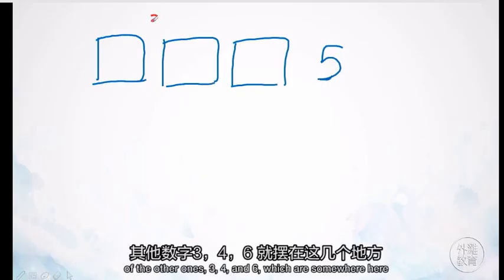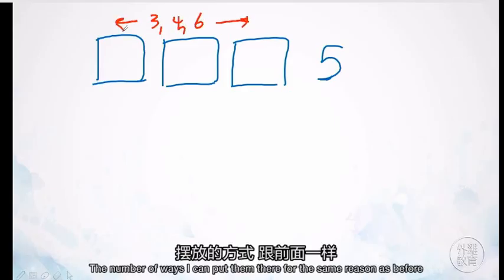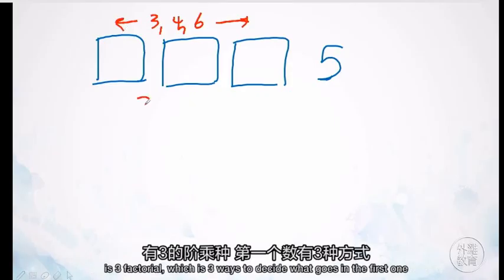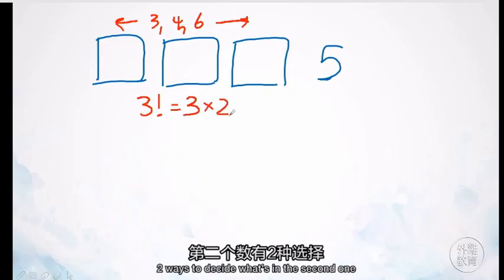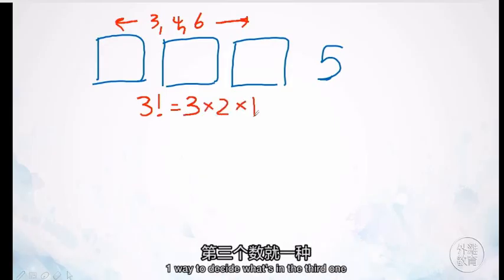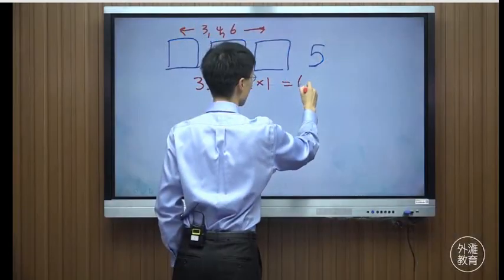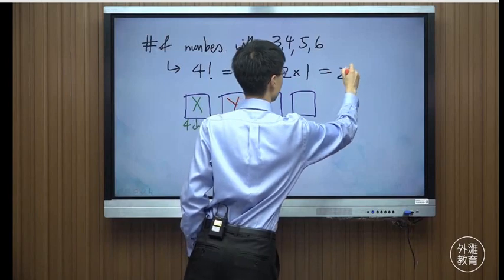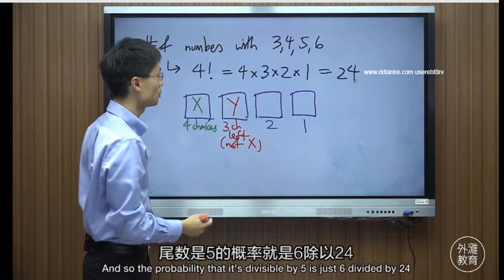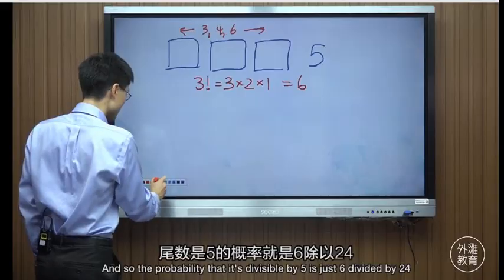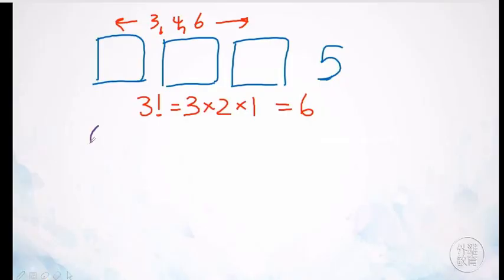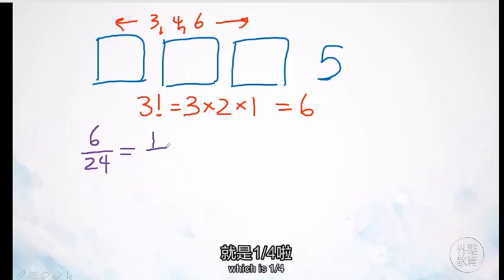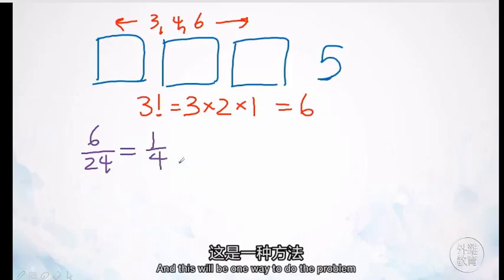The number of ways I can put them there, for the same reason as before, is 3 factorial, which is 3 ways to decide what goes in the first one, 2 ways to decide the second one, 1 way to decide the third one. So this is 6. The previous one, 4 factorial, was 24. And so the probability that it's divisible by 5 is just 6 divided by 24, which is 1/4. And this would be one way to do the problem.